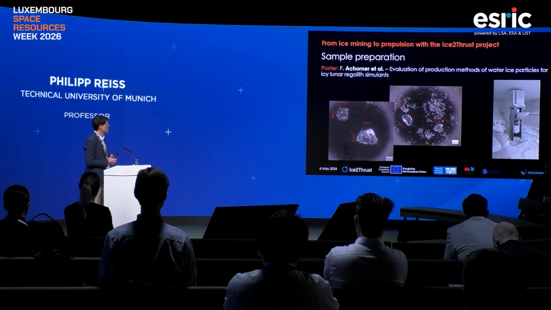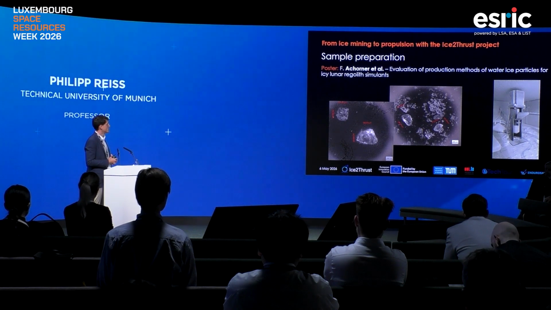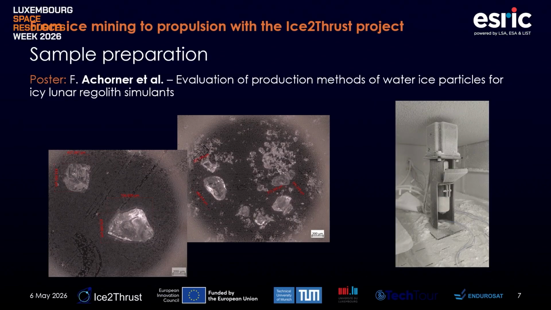And he's looking into granular ice production, looking into different grinding, blending methods to produce ice particles of certain sizes and shapes, and we would mix them with regolith to produce certain samples, but we would also look into other methods to really cover a wide range of icy regolith properties.